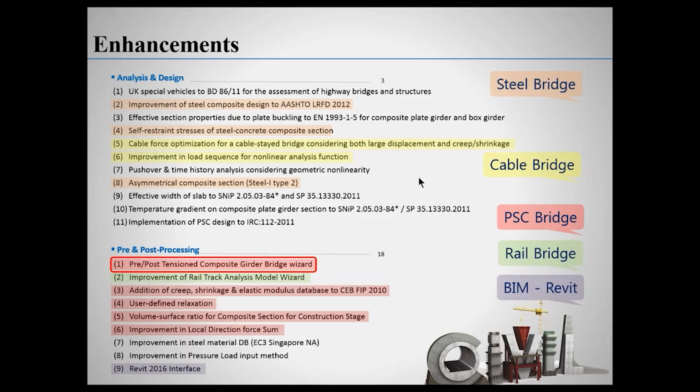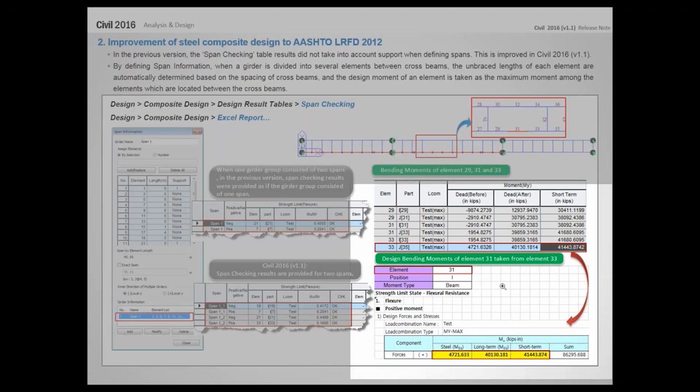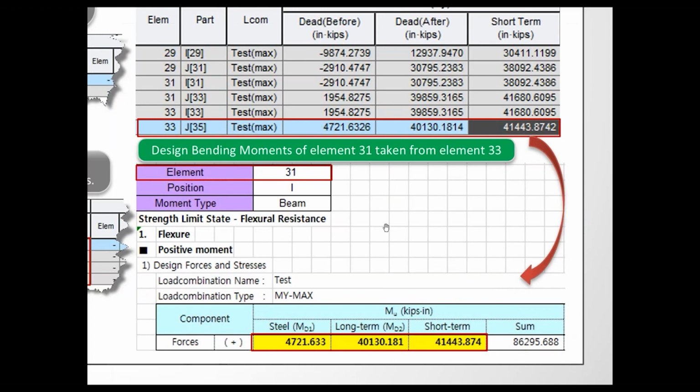So for the improvement of the steel, I just want to give you a brief overview of a couple of things regarding the improvements and the development for this one. Before, you had to define the span information manually. Now the program automatically recognizes span information. This portion is also a major improvement to our design portion.